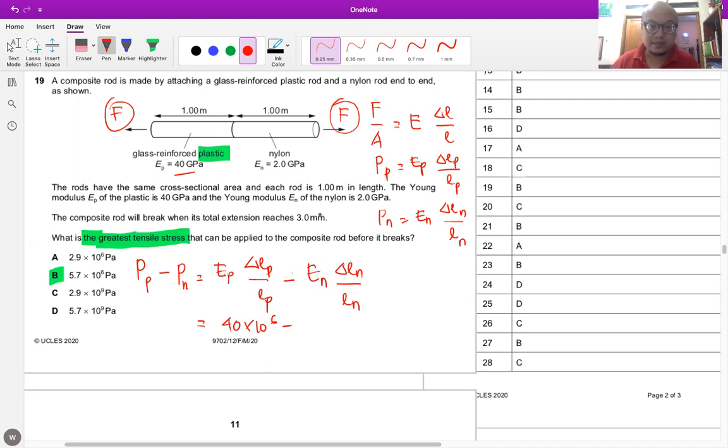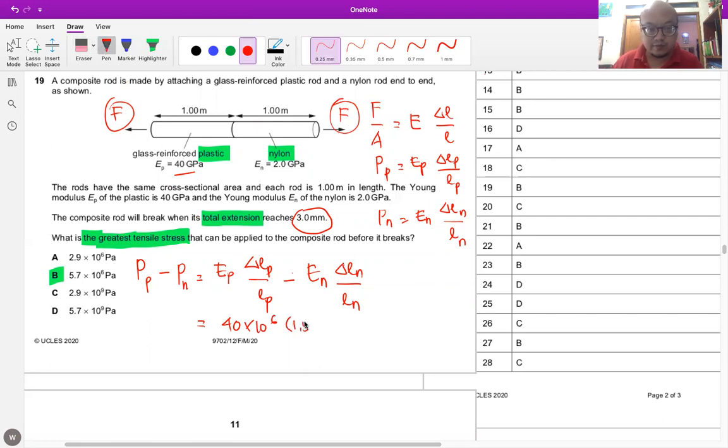Delta L is 3 millimeter, but this is the total extension. We divided by 2 because they have plastic and nylon, so this is times 1.5.